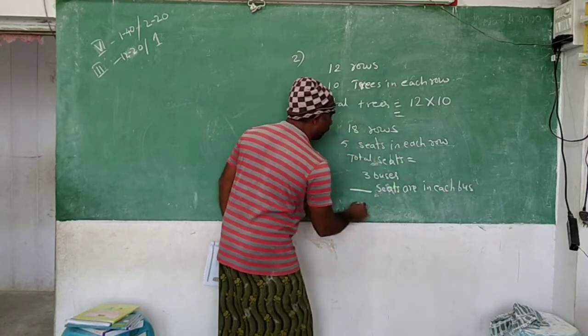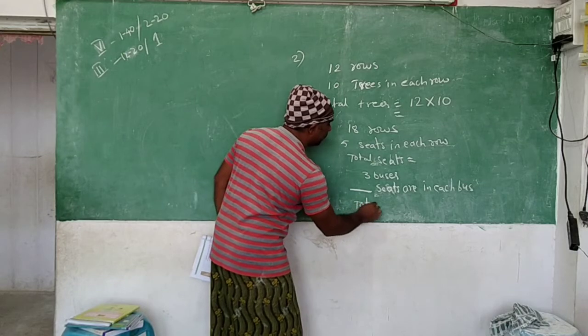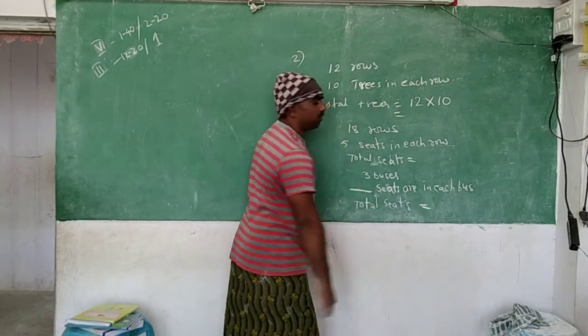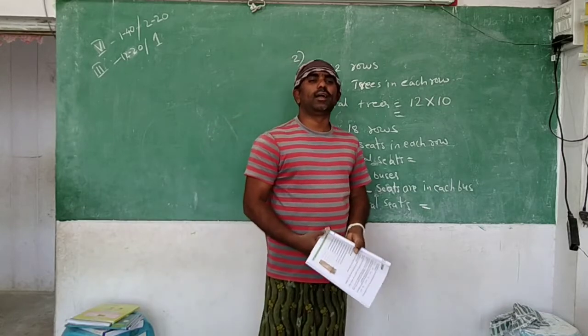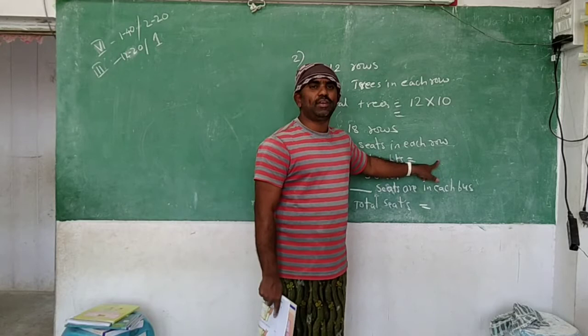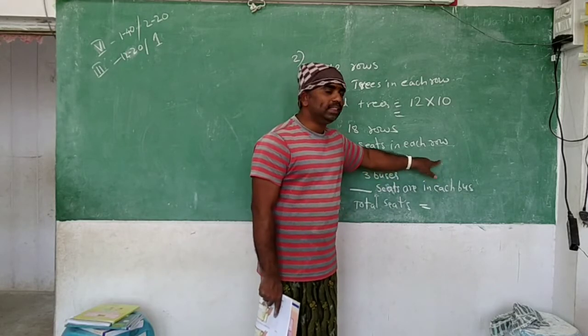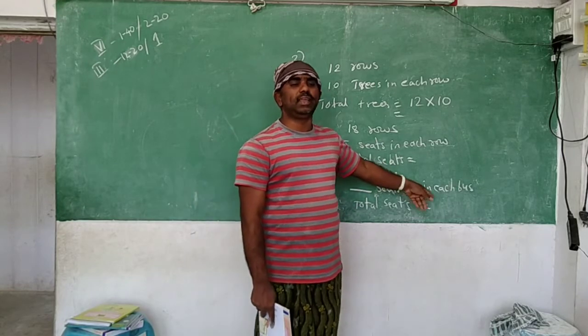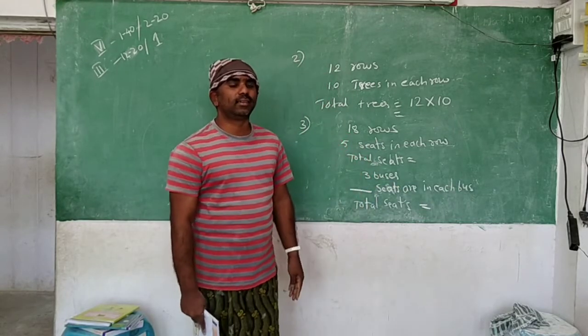Now finally how to find total seats in 3 buses? So what should we do? Multiplication. In one bus how many are coming? You can find that here. After finding that number you write it here, and then you multiply with the 3. Then you can get the answer.